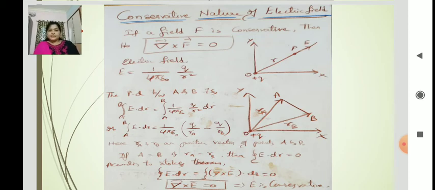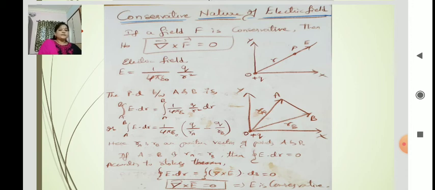So the integral of E dot dr over a closed curve is equal to 0. Then according to Stokes theorem, the line integral is equal to the surface integral: the line integral of E dot dr is equal to the surface integral of curl E dot ds, which is equal to 0. If this is 0, then curl E is equal to 0. We say that E is conservative.